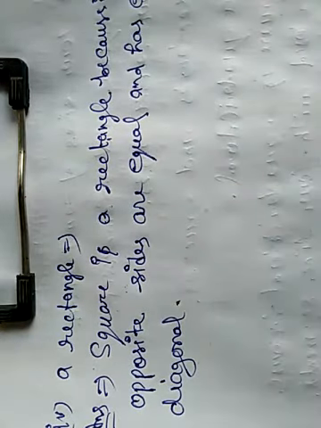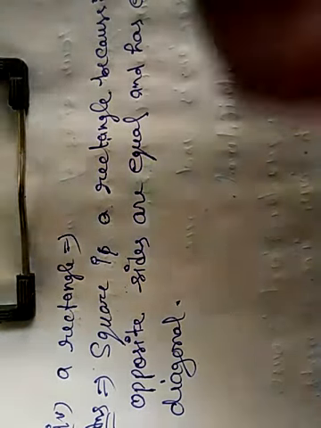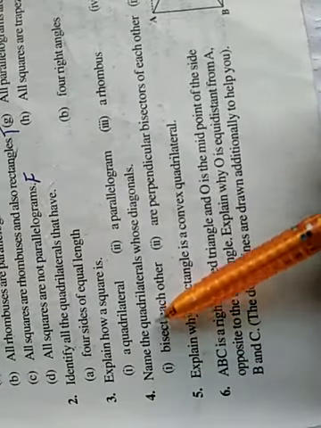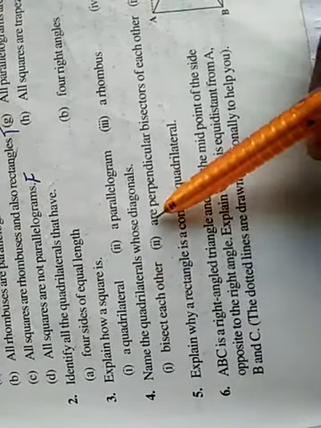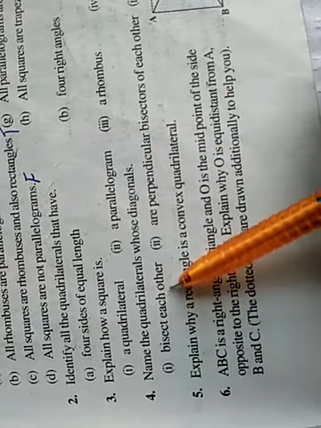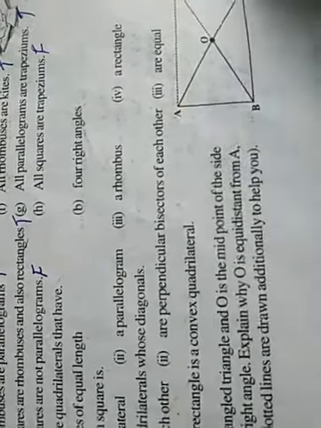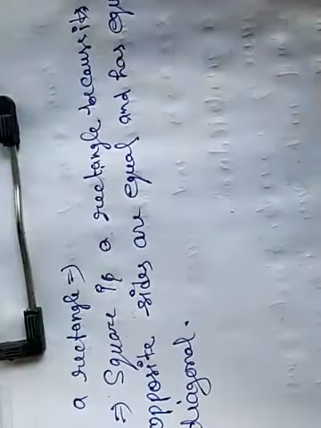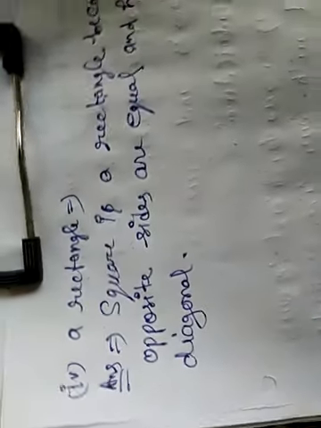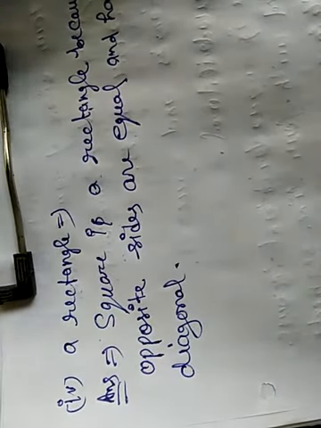Now after this, straight to the next question. Question number 4. Name the quadrilaterals whose diagonals bisect each other, are perpendicular bisector of each other and are equal. See the fourth question and first part.